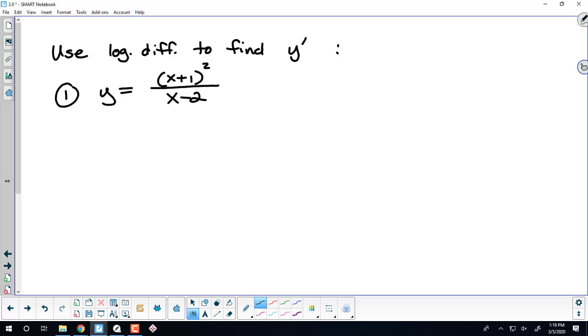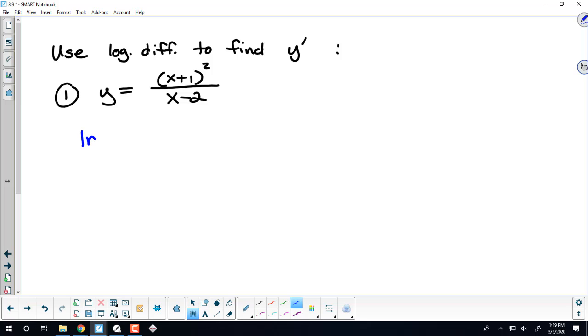Again, maybe not necessarily a function you would use logarithmic differentiation on because it's just a quotient rule, basically a chain rule to take the derivative of the numerator. But we're going to use this process here.